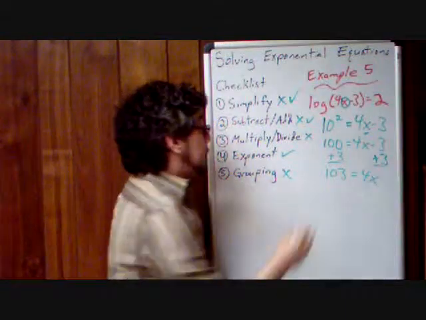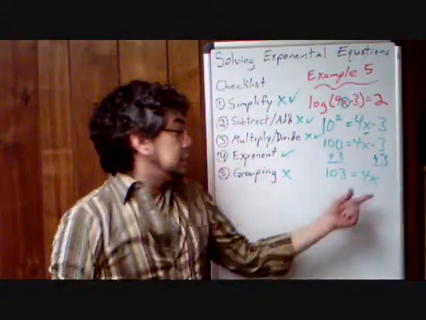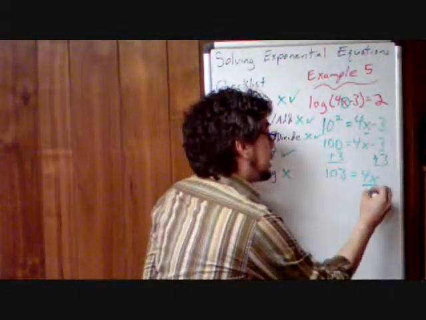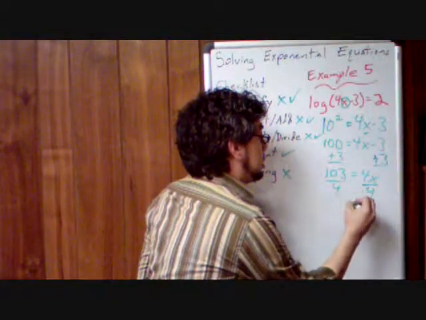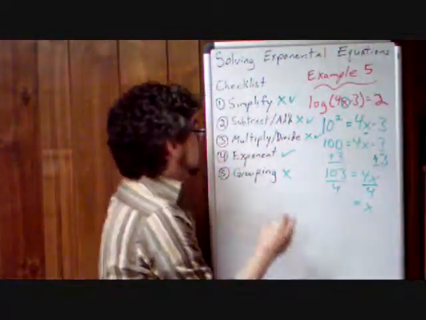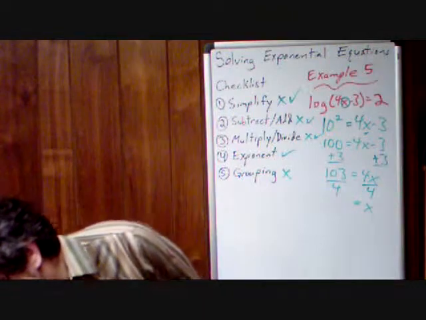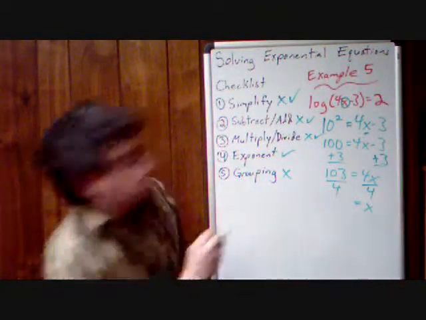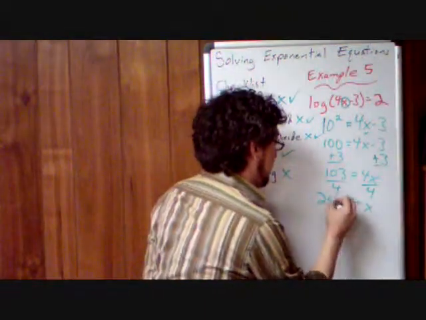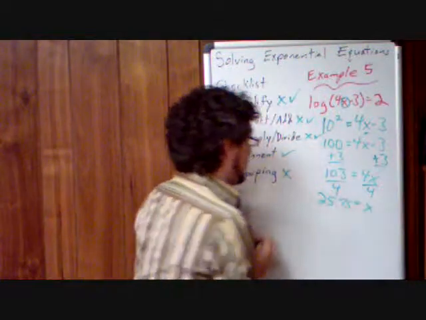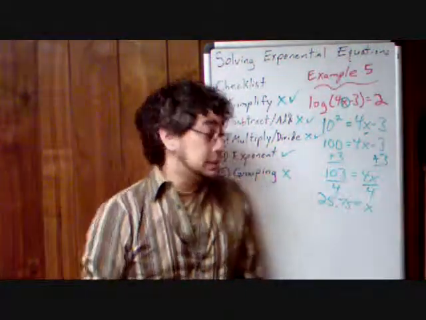We have a multiply, divide. Instead of multiplying by 4, we're going to divide by 4. And that gives us 25.75. And we now have x all by itself.